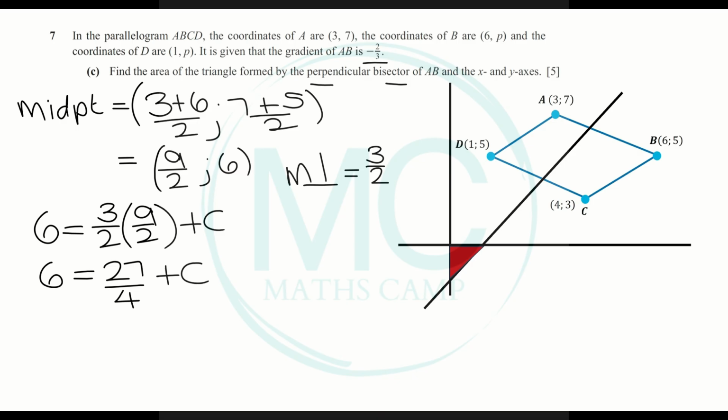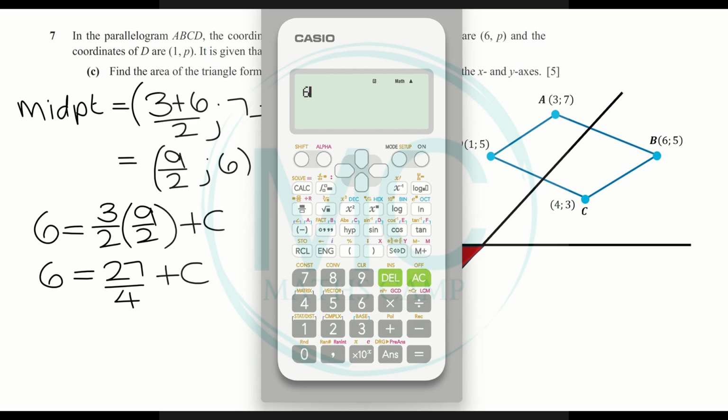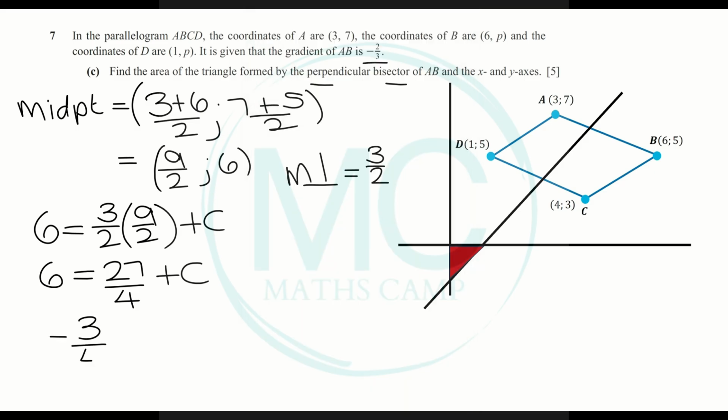To find c, all we have to do is move our fraction to the left. 6 minus 27 over 4. Take a calculator. 6 minus 27 over 4 is equal to negative 3 over 4. This is our c value, but it is also our y-intercept.